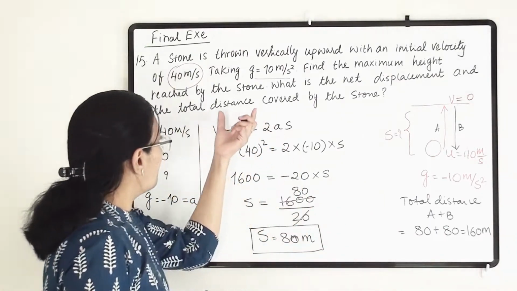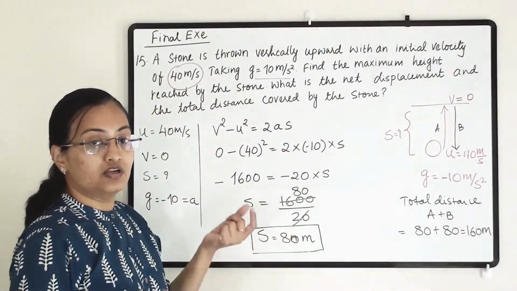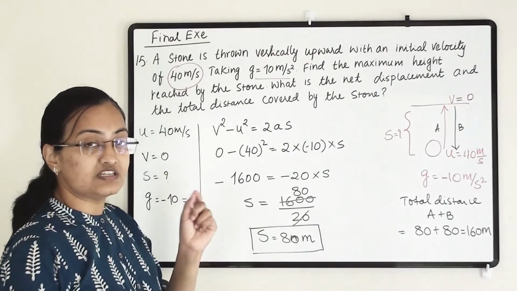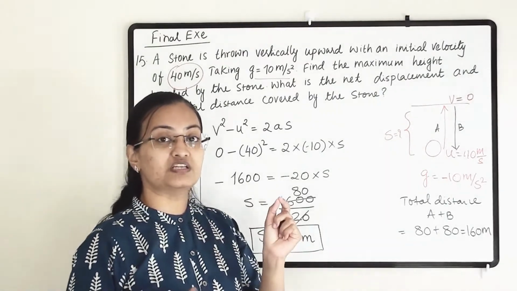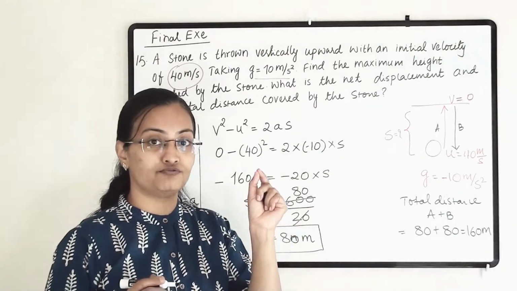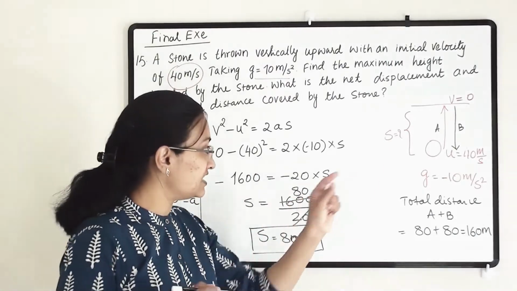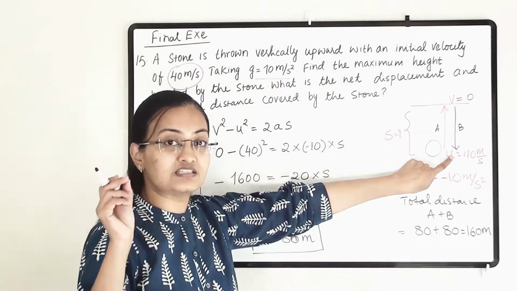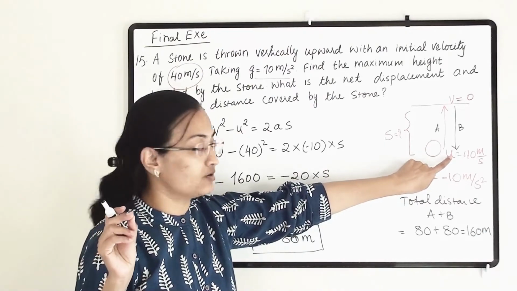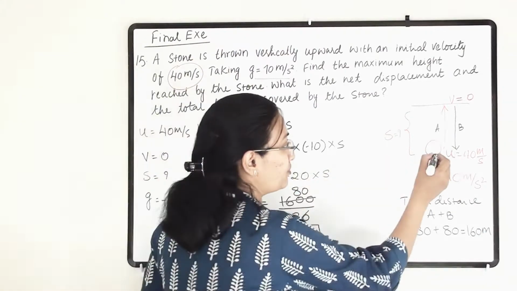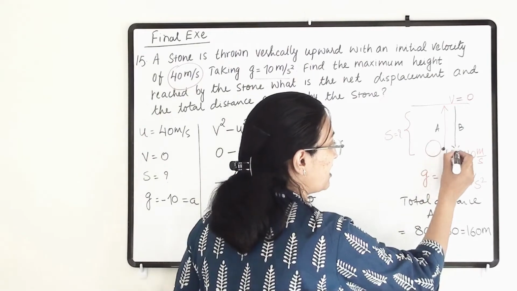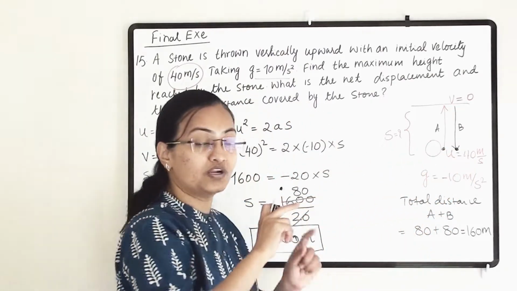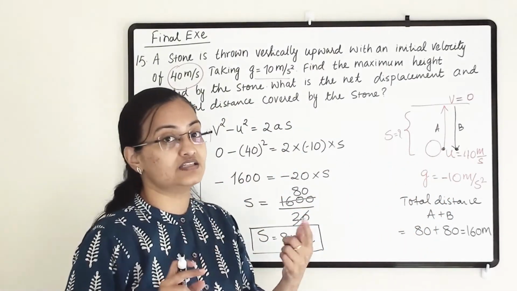Now about net displacement. What is the meaning of displacement? Displacement means the object has started the journey from a point, that is the initial point, and then it comes back, and when its journey ends, that will be the final point. But here the initial point and final point are same. So whatever displacement is there, that is 0.